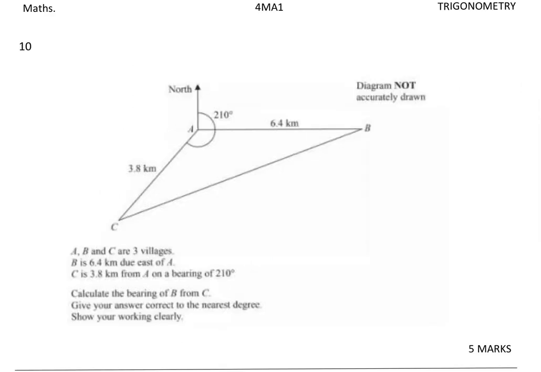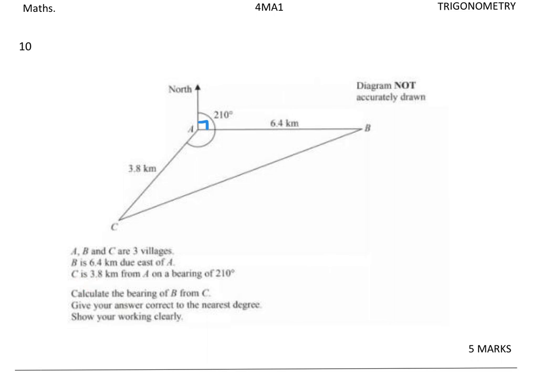Number 10, A, B, and C are three villages. B is 6.4 kilometers due east of A. So B is due east of A. And this is the north, east, north, so this angle is 90. And this distance is 6.4.